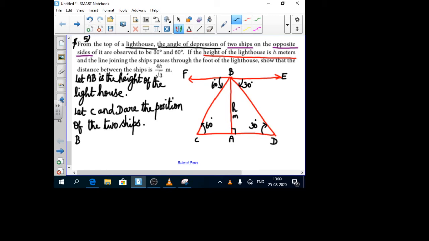By the given condition, they give AB equal to h meters. In the question they are giving AB equal to h meters, so I take it as h meters. Angle FBC equal to angle BCA is equal to 60 degree.